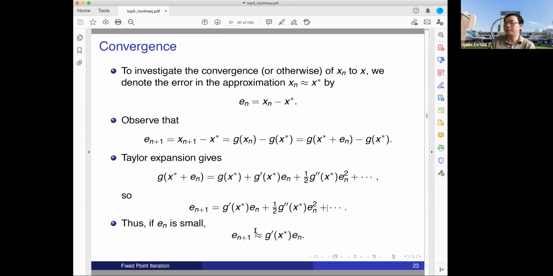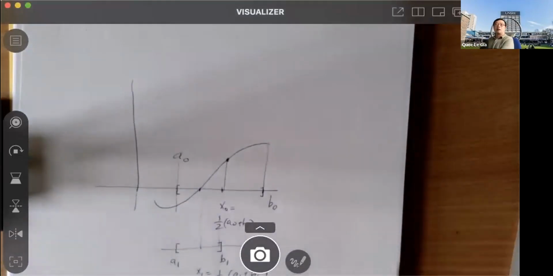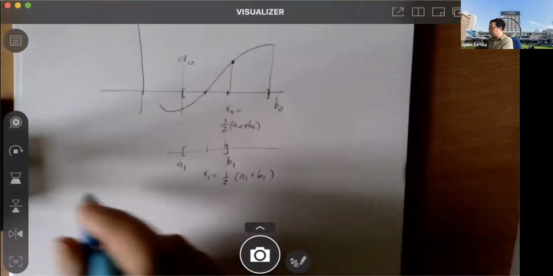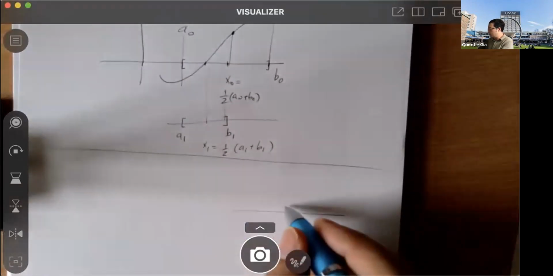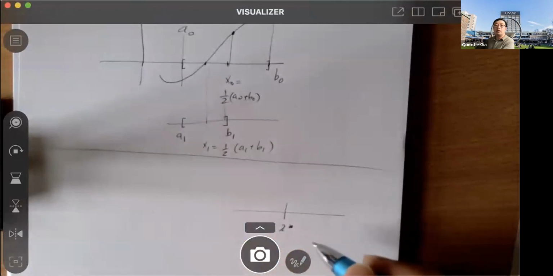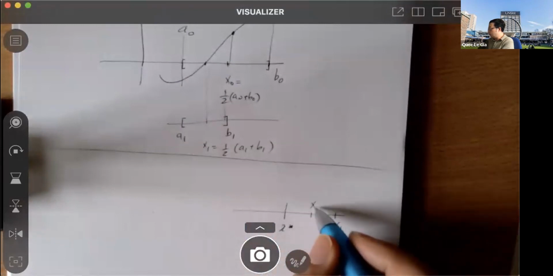It's easier to give an example rather than look at the formula. Suppose this one is my x star, and this is my x1, and this is my x2, and so on.